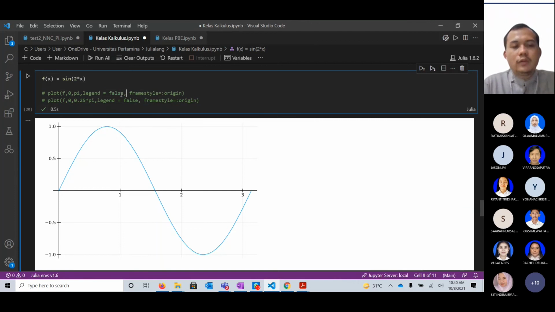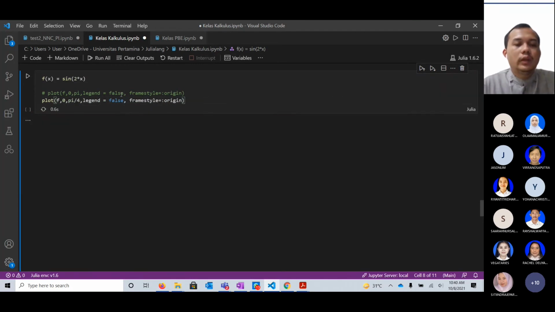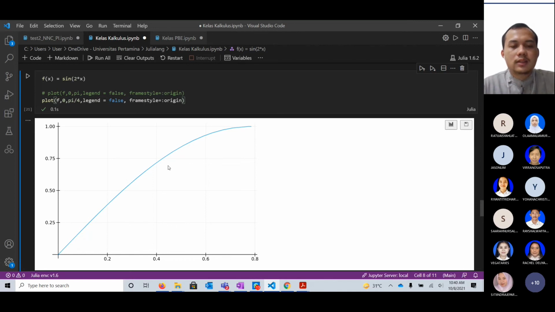But what happens if we restrict the interval only up to pi over 4? So we restrict the interval only up to pi over 4, then we get a plot like this.